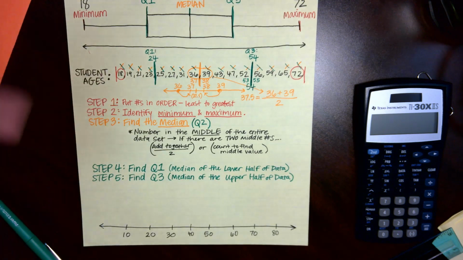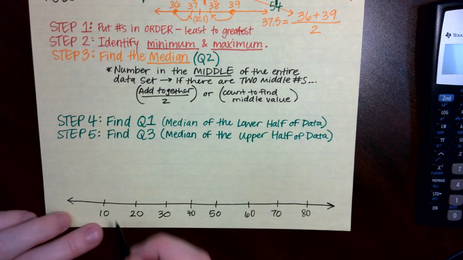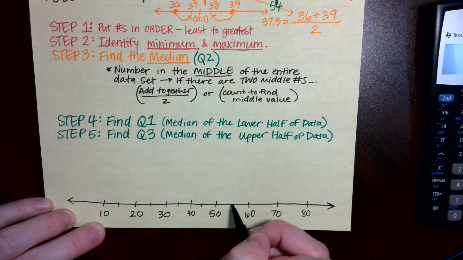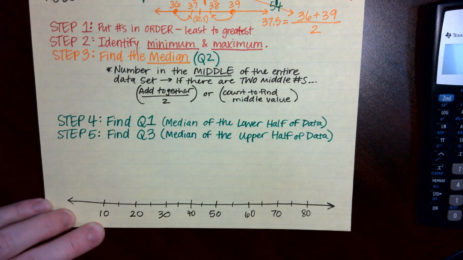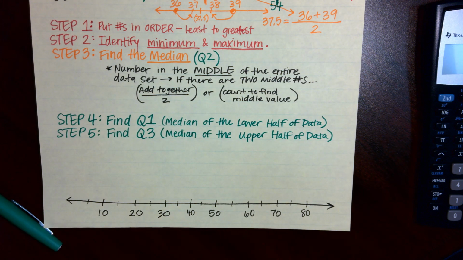Okay, so I've got this here. And you could label even more if you wanted to, but I'm just gonna do it by 5s here. Okay. All right, does everybody have somewhat of a number line made?